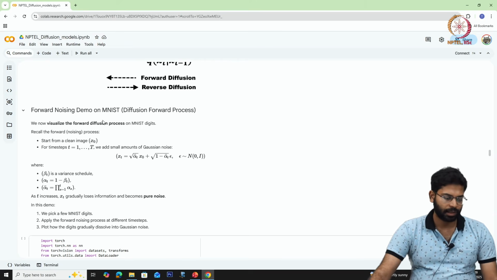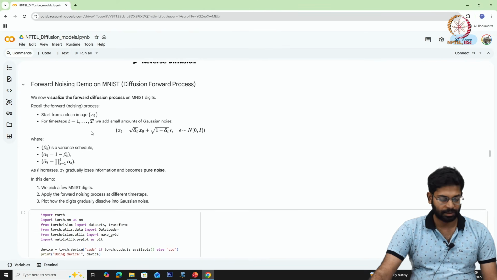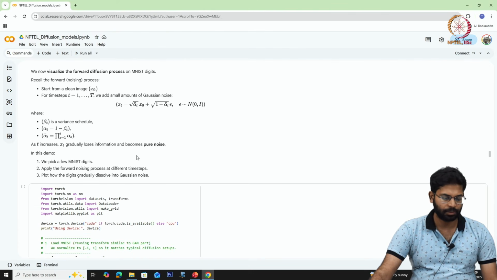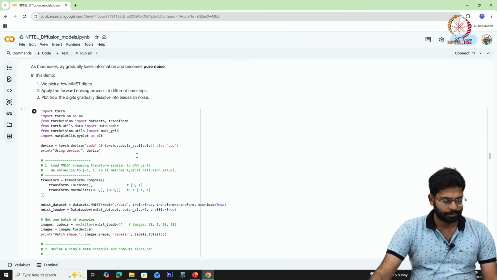Now we will show again one quick and simple demo of the diffusion process using DDPM on the MNIST dataset, and we will try to see if it is able to generate the images.